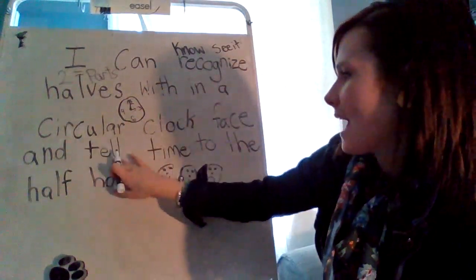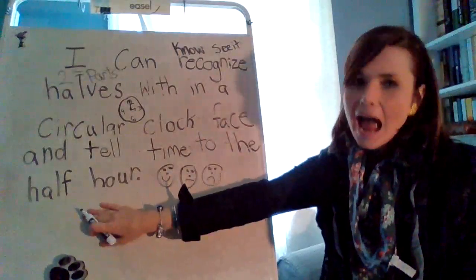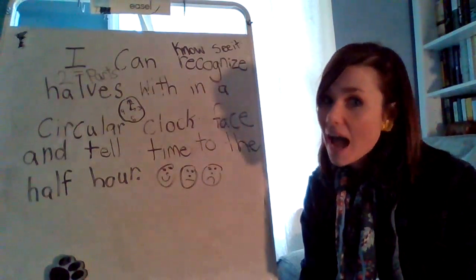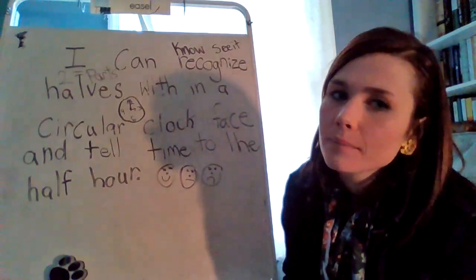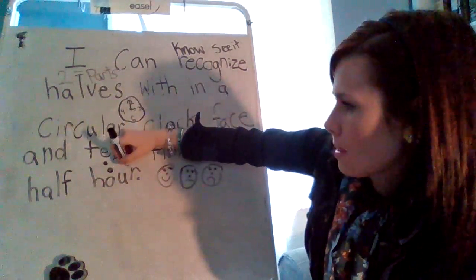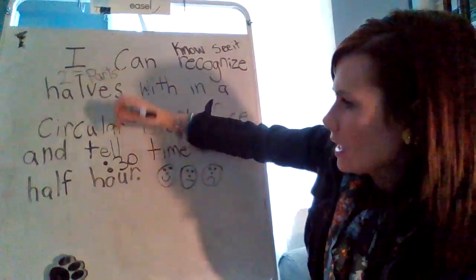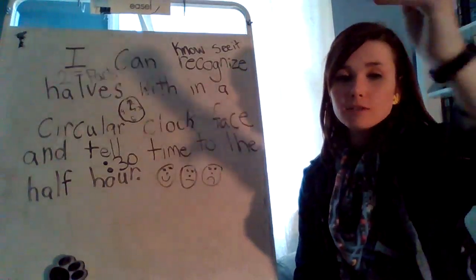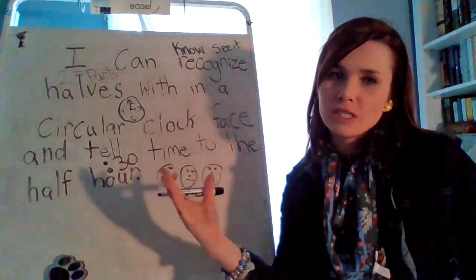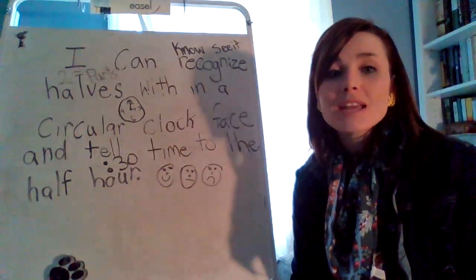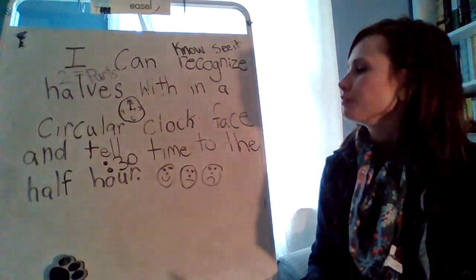Clock face, and tell time to the half hour. So if you're going to be telling time to the half hour, it's going to be, right, 30. And in first grade, we only work with o'clock, so on the hour, and 30, halfway.